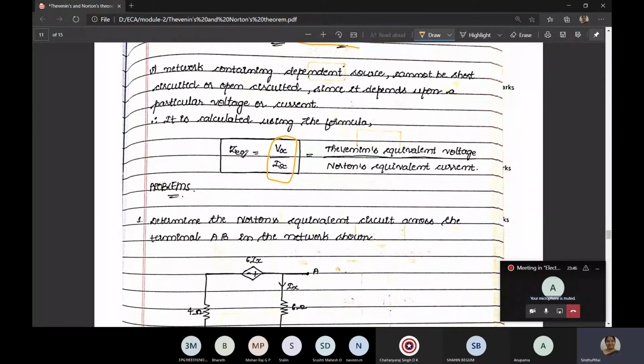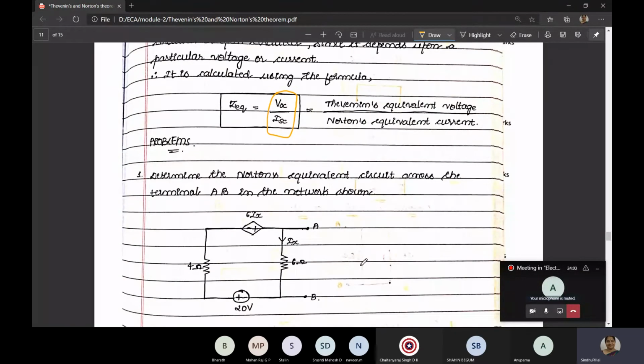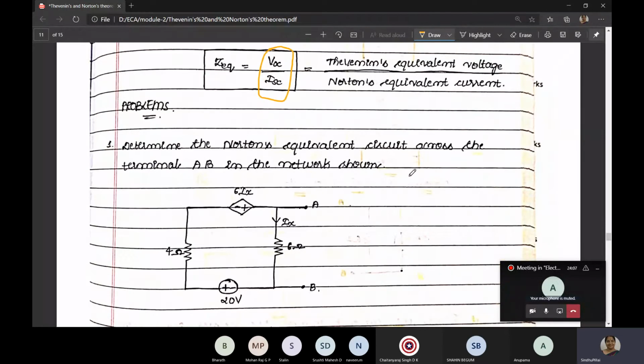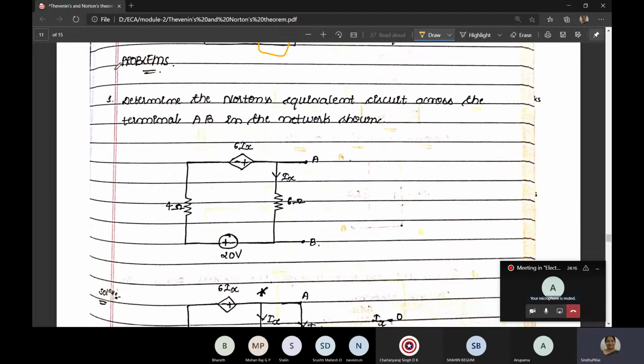You can't go with the method of opening the current source and shorting the voltage source when the network has a dependent source. In most exams, they go with examples like this, because here you have to find both. You have to go with Thevenin's and Norton's theorem. Both theorems are required here. When we solve the example, you will understand.